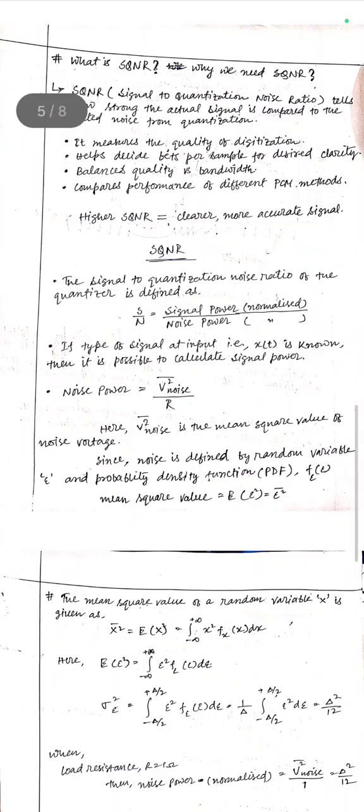And we know that noise power is V noise squared by R, where V noise squared is the mean square value of the noise voltage and R is the load resistance. Since noise is defined by random variable epsilon and probability density function, which is also known as PDF, f of epsilon, the mean square value is equal to E of epsilon squared.